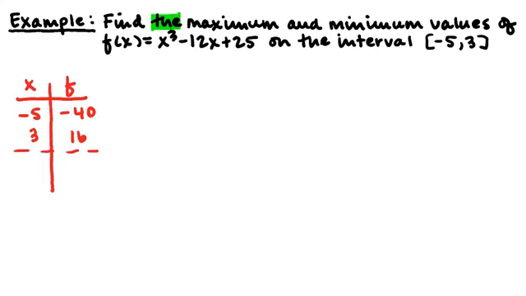All right, now we need to find the critical points. Okay, so what we're going to do is take the derivative. So that's 3x squared minus 12. Critical points are where the derivative is either equal to 0 or undefined. Undefined seems unlikely in this case, so I'm just going to set it equal to 0 and start solving.